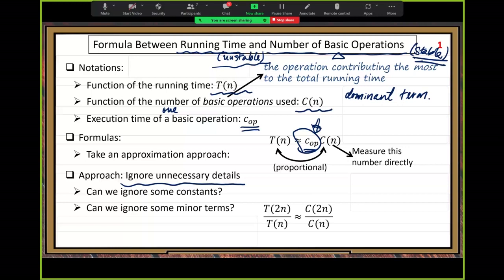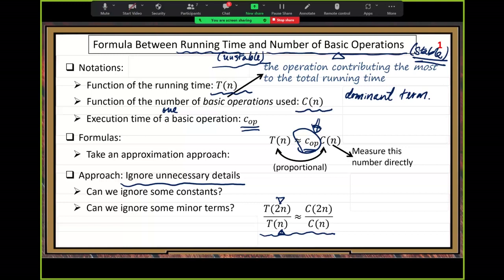Let's look at the ratio of these two functions in this way. When we do the ratio, we compare the same function but with two different problem sizes. One is the original problem size n, another is double the problem size.